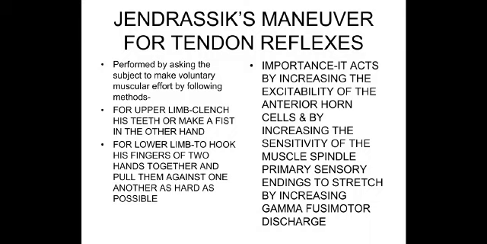This is done by asking the subject to make voluntary muscular effort by the following methods. For the upper limb, you ask the subject to clench his teeth or to make a fist with the other hand. If you are testing the right, the left hand can be fisted.